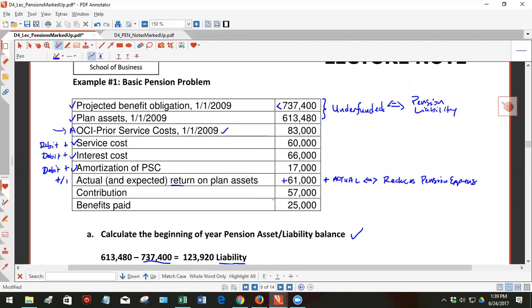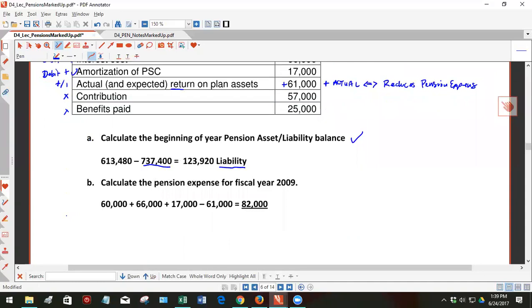That's a positive return. The contributions and the benefits paid, they're important to pension accounting, but they're not part of the pension expense calculation. So once again, service, interest, and amortization of PSC for prior service costs, and minus a positive actual return. Add it all together, pension expense is $82,000 for the year.